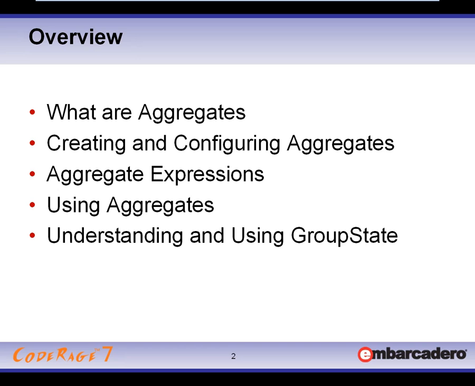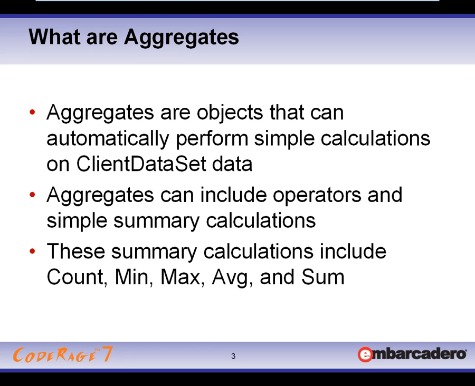Aggregates are unique to client datasets as opposed to other TDataSets that you can find in Delphi and RAD Studio. An aggregate is an object that can automatically perform simple calculations on client dataset data. There are actually 2 types of aggregates available in the client dataset.